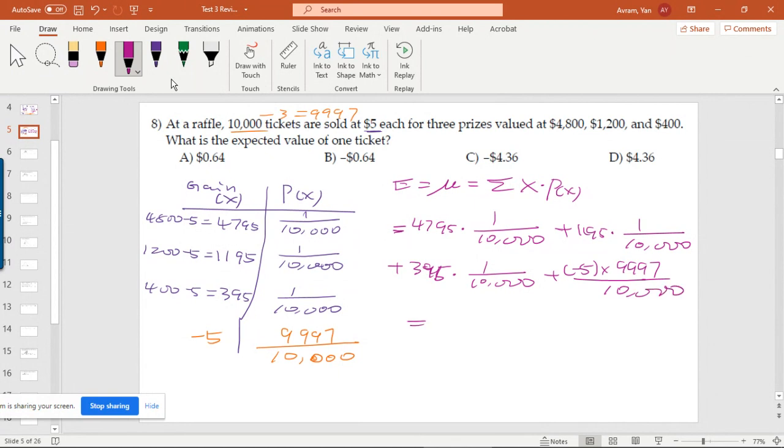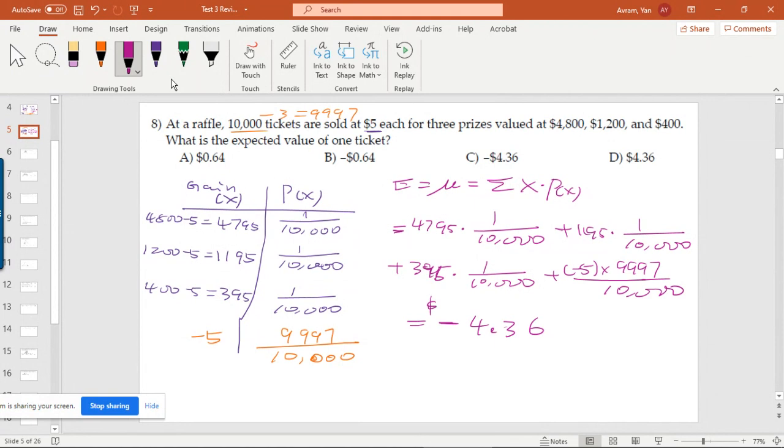Since they all have the same denominator, I can just add and subtract the numerators together and then divide by 10,000. If you get this one, this will give you -4.36.